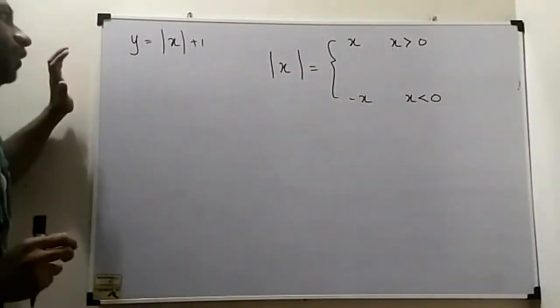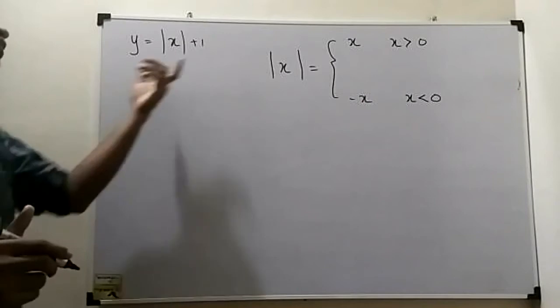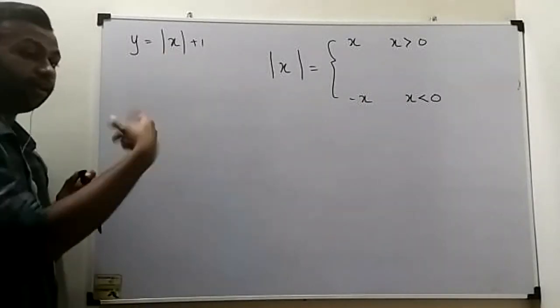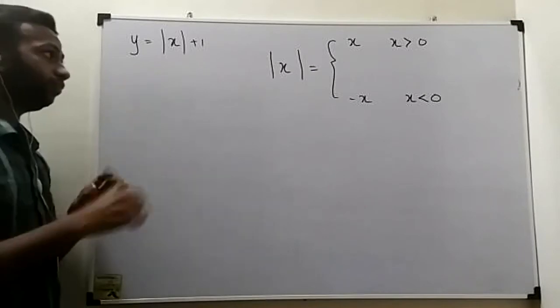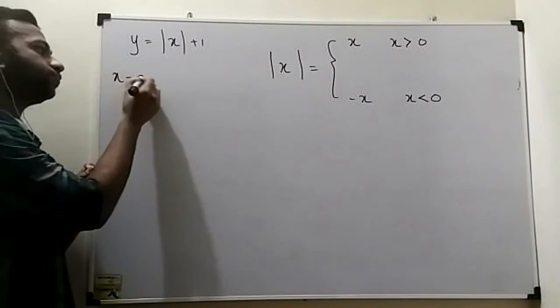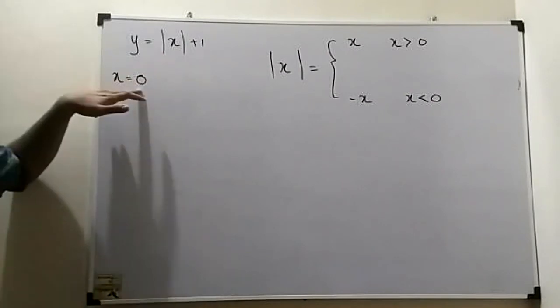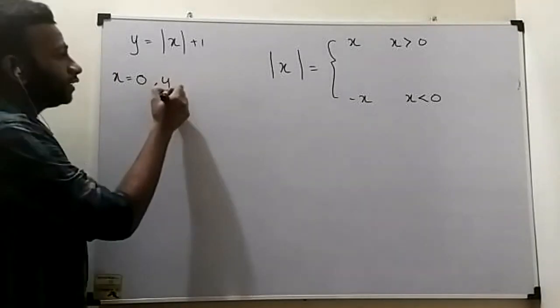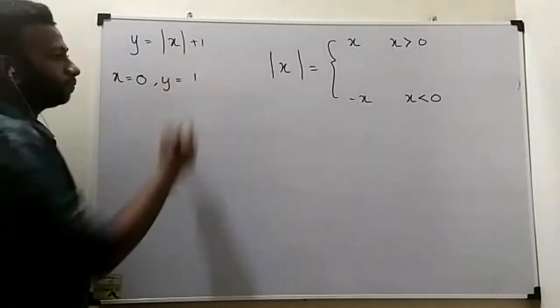When you're drawing a graph, the first thing you need to do is take this modulus term and try to equate what is inside to 0. So when x equals 0, what is the value of y? y is equal to 0 plus 1, that is 1.